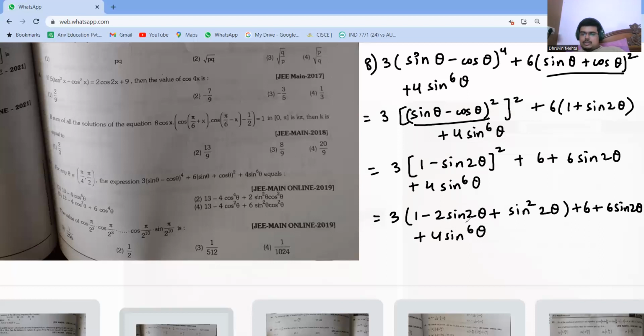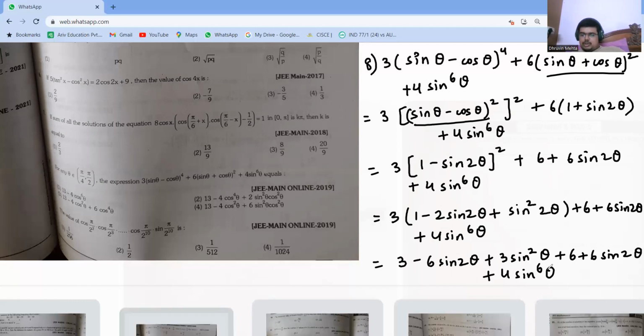So check this, guys. When you open the brackets, this will be 3 minus 6 sine 2 theta plus 3 sine square theta plus 6 sine 2 theta plus 4 sine raised to 6 theta. Are you getting this, Muskan, Trisha, Arush? Yeah.